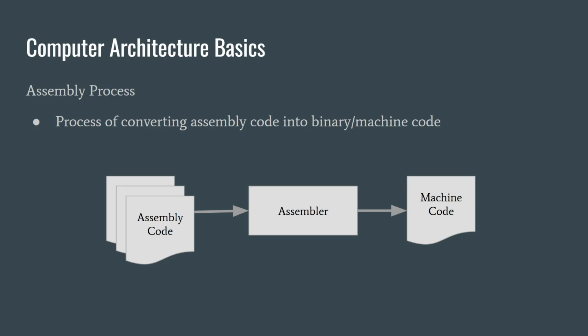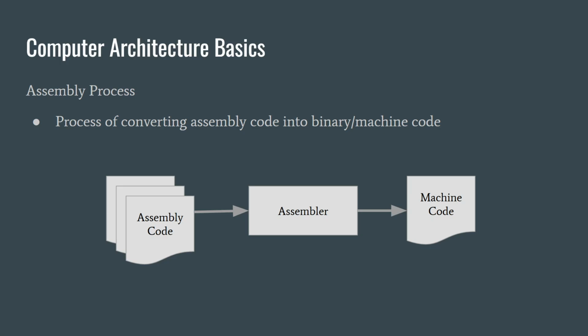All right, the assembly process. The assembly process is the means by which you take assembly code over here on the left. This is your human readable program. When you write a program, you're writing assembly. And you have to turn that into the code that the machine knows how to operate on.